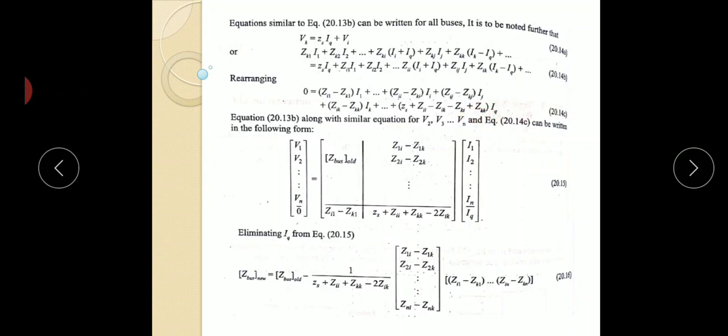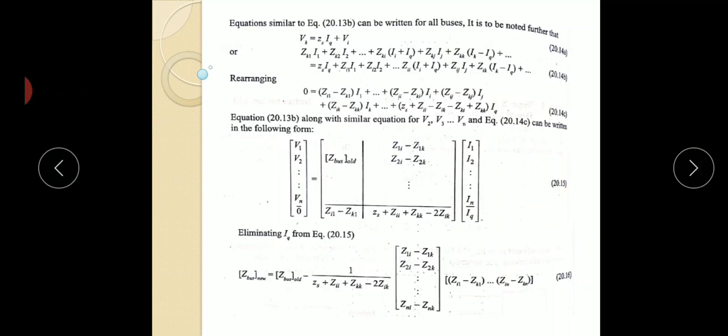So equation 20.13b from the previous slide, along with similar equations for V2, V3 and Vn, and this equation 20.14c, can be written in the following form. Here this is Z bus old with one row and one column added. This is 20.15 after the type 4 modification.